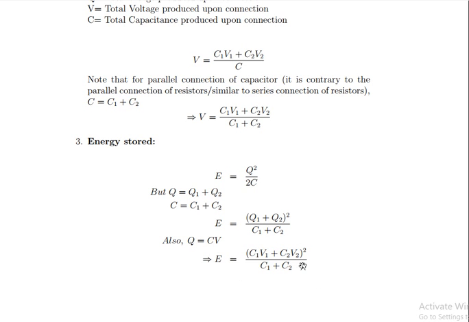So the total energy in the circuit is going to be C1V1 plus C2V2, all squared, divided by C1 plus C2. This is the energy of the capacitor, and please don't forget the 2, which has been omitted here. So there is a half here.